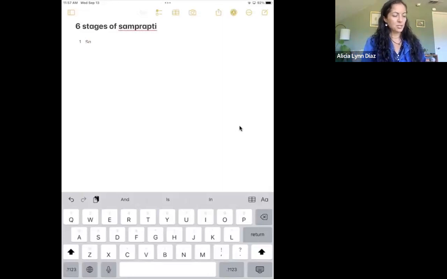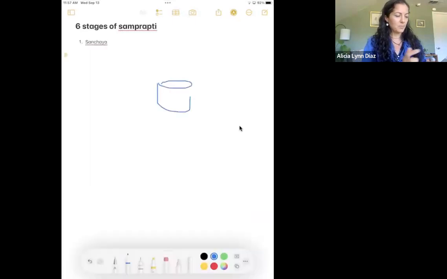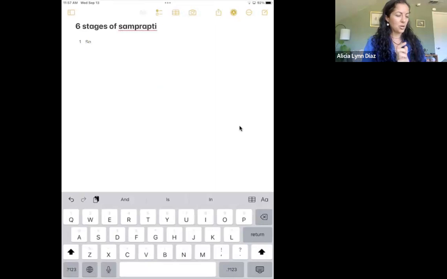So you want to imagine this stage. We want to imagine our body or our digestive system in this context as a bucket. So we have a bucket. Forgive my crude drawings. Here's a little bucket. So Sanchaya is referring to the accumulation.